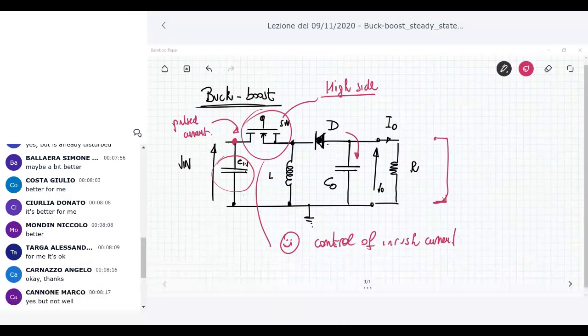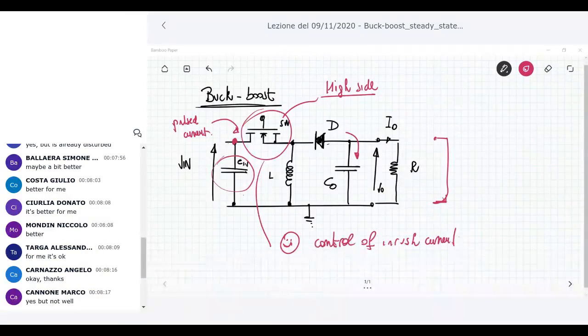So another positive effect of having the transistor in series, like in this way, is that you can control what happens when you have a short circuit at the output port. If the output port is shorted, then you have a huge amount of current flowing in the output side of your converter, but then you can leave open the switch, and this means that this current is suddenly stopped.